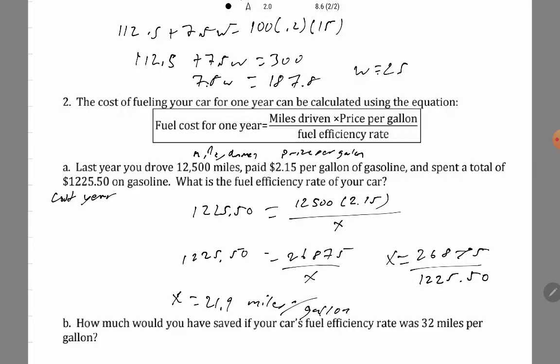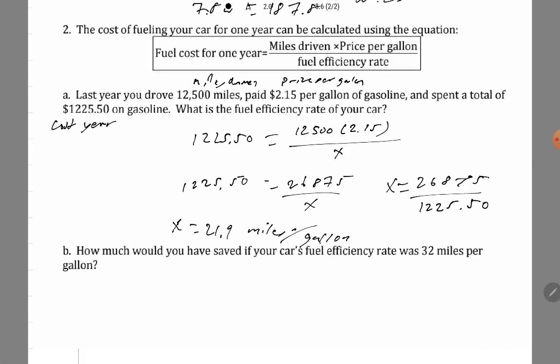So how much would you have saved if your car's fuel efficiency rate was 32 miles per gallon? So we do 12,500 times $2.15 per gallon, divided by 32, and that would have given us $839.84.